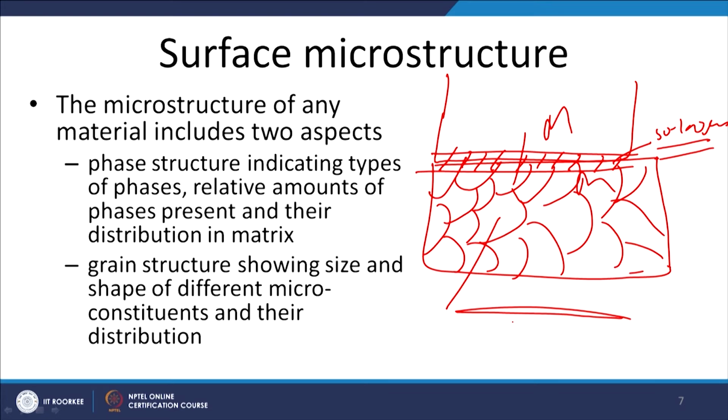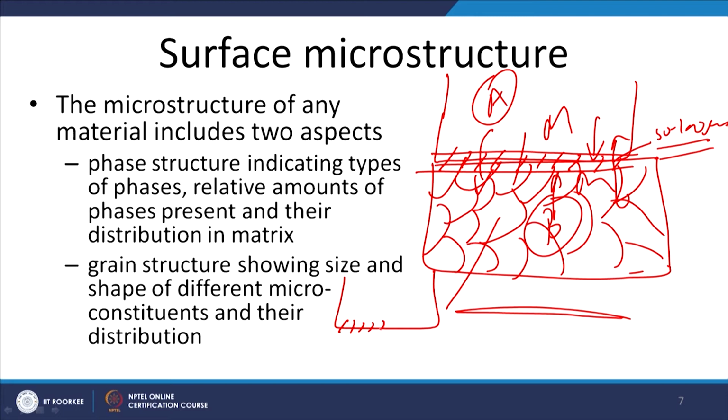And further, whenever metal to metal wear takes place, the near surface layers of both sides will have constituents from both sides, like A and B. These are made of two different metals. So, diffusion or transfer of elements from the A side will be taking place to the B side, and from the B side to the A side. So, the A side surface layer structure and composition will have elements from the B side as well.